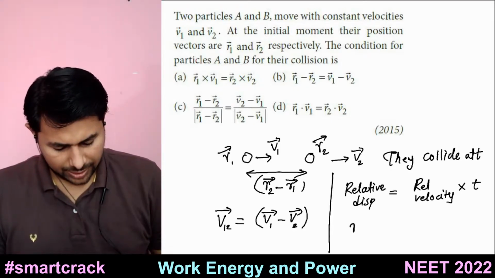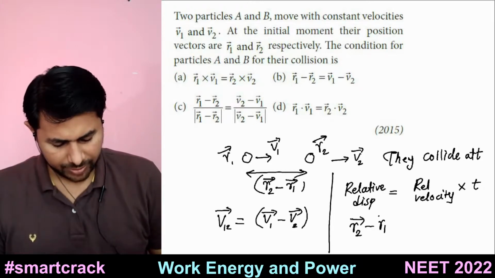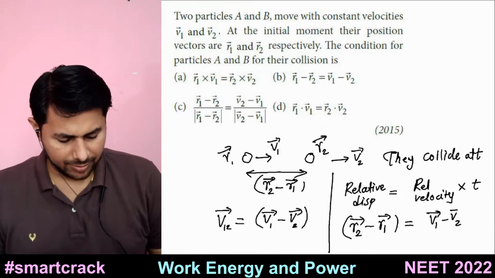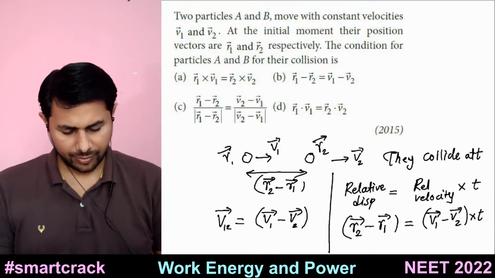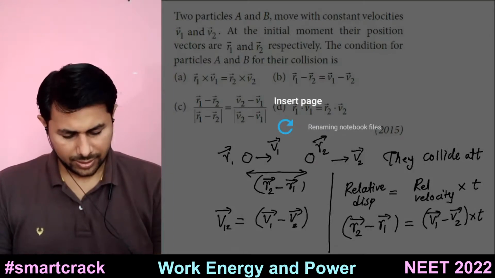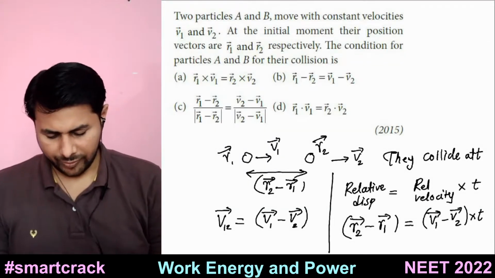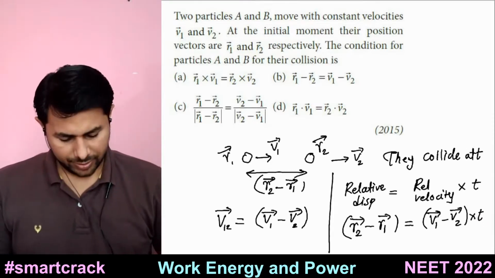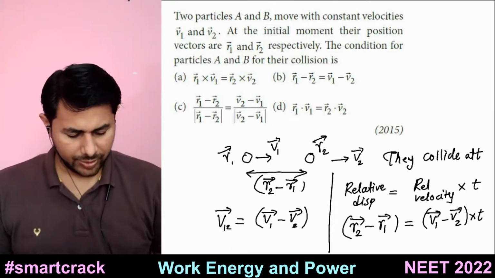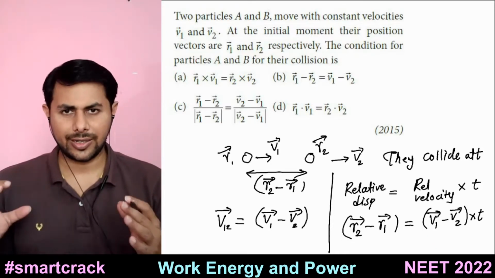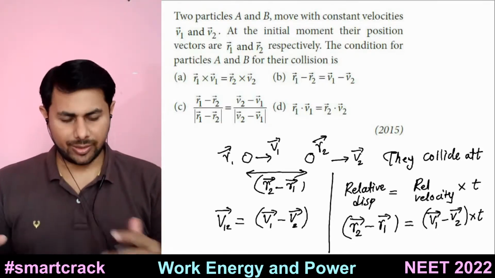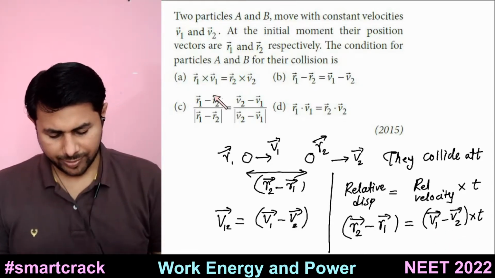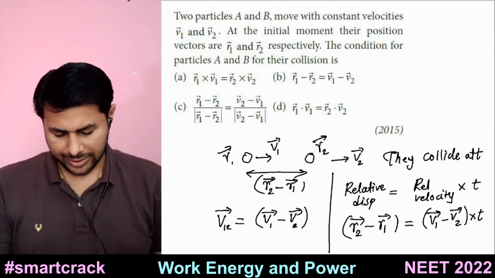It is r2 bar minus r1 bar. It is equal to relative velocity, v1 bar minus v2 bar, multiplied by t. Okay. After that, what I can say, t is some number. So if the vector r2 bar minus r1 bar can be written as some number multiplied by v1 bar minus v2 bar, then which of these options would be correct? So let's check the options.